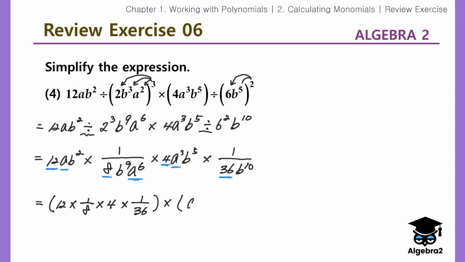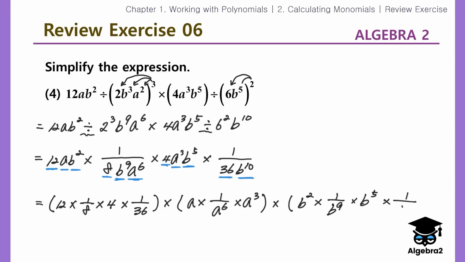So that's going to be a times 1 over a to the 6 times a cubed, right? Let's look at b. We have b squared, b to the 9, b to the 5, b to the 10. Well, it's actually 1 over b to the 10. So b squared, 1 over b to the 9 times b to the 5 times 1 over b to the power of 10.